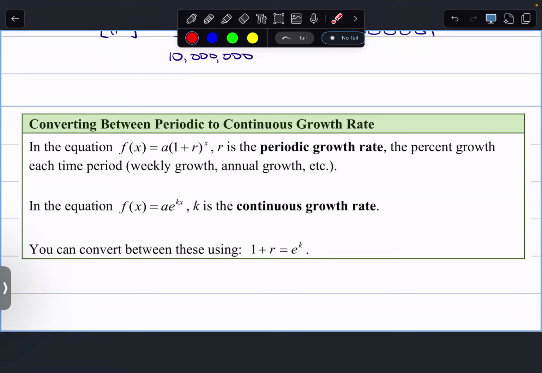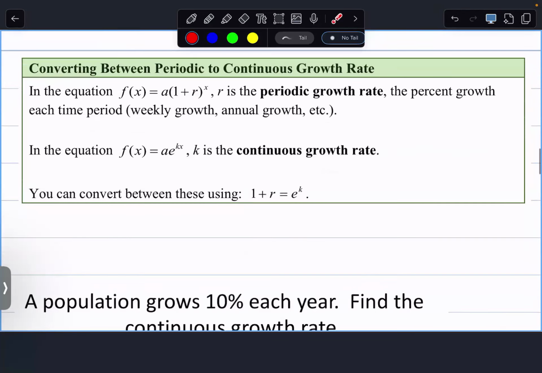And so we can convert between the two if we say that both of these are f of x. So I can write this one on the left-hand side and this one on the right-hand side, and then match them up and see how they compare. What we're going to find is that 1 plus R takes the place of E to the K and vice versa.